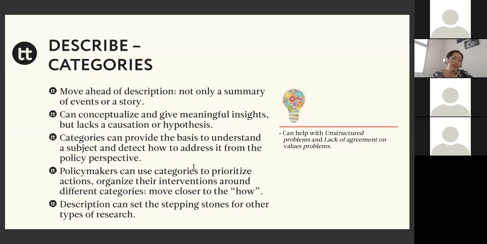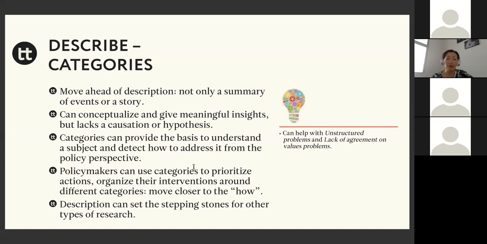And we can see this with what we've already been reviewing before on the policy problems. I can tell you very many stories about many different types of policy problems, and you may gain some insights. But it's much more powerful when we have these clear categories that can help us understand a problem more easily. Categories are very useful to move forward different policy perspectives.